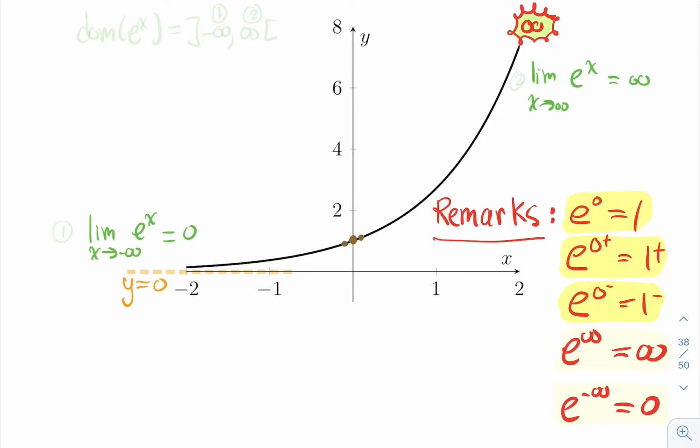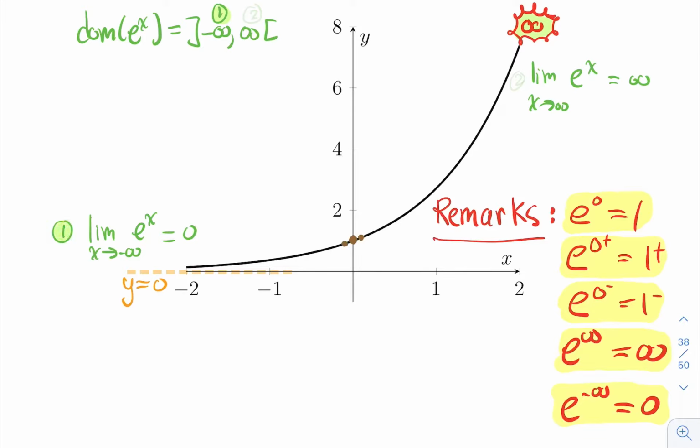And here with the limits that I mentioned earlier, e to the power of infinity is infinity, and e to the power of minus infinity is 0. I want to stress, as a remark, that I mentioned this a moment ago but forgot to write it down: the domain of e to the x is everything, so from minus infinity to infinity. So there are two important limits to compute: first, going to minus infinity is 0, and second, going to infinity.